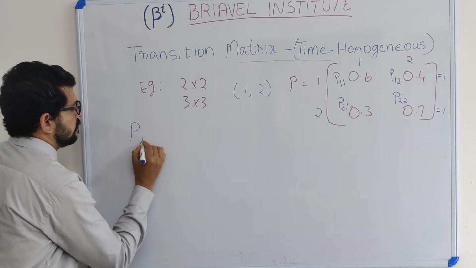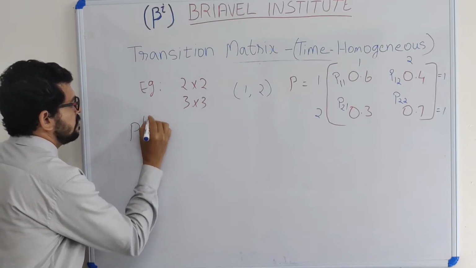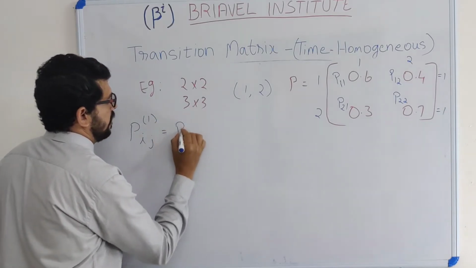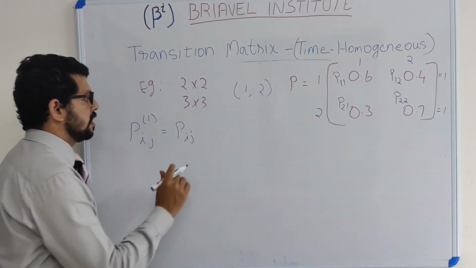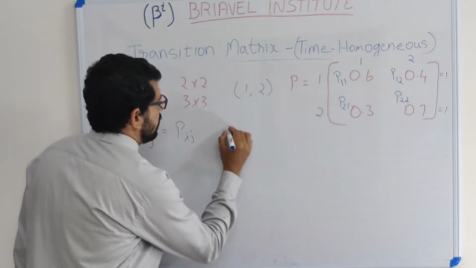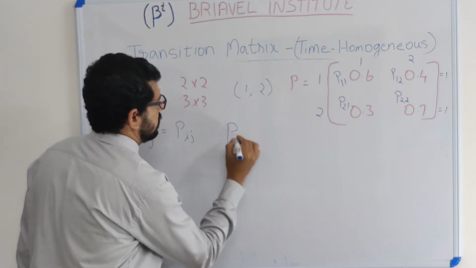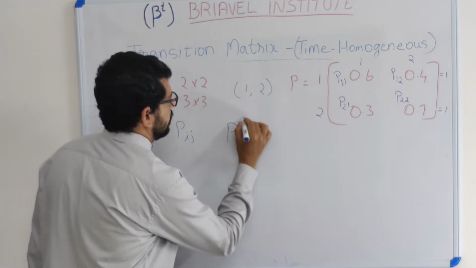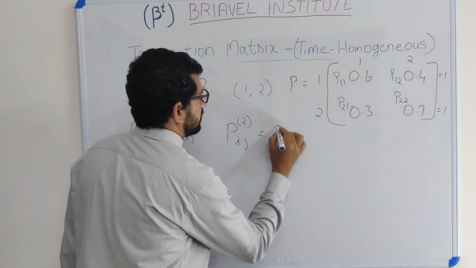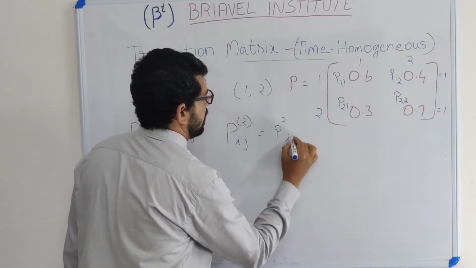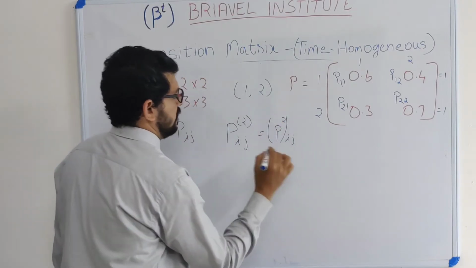One-step probability will be represented as Pij. And sometimes they will ask for two steps, Pij to the power 2. Sometimes they will represent it like that.